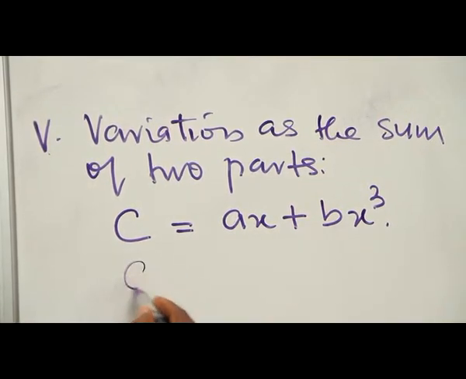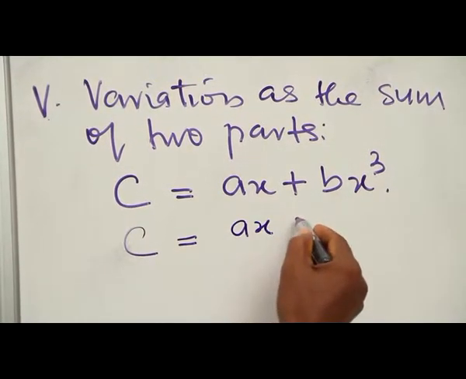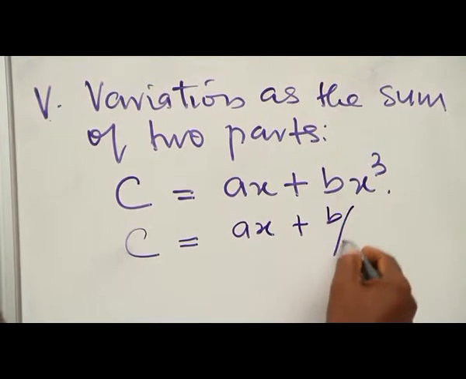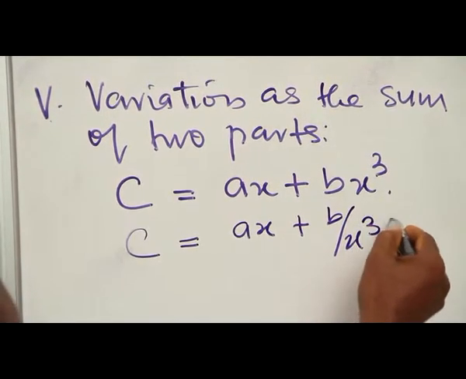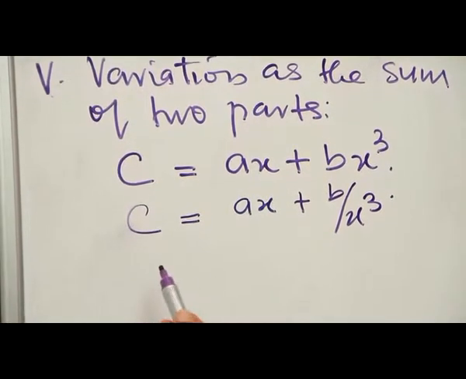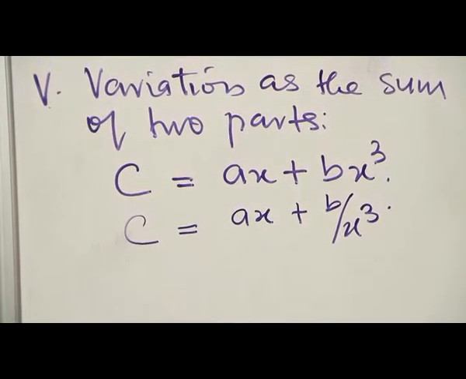In some cases you can even write C varies directly with S and varies inversely with the cube of S. Both are examples of variation as the sum of two parts.